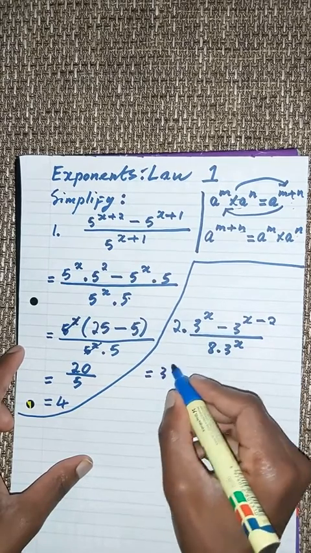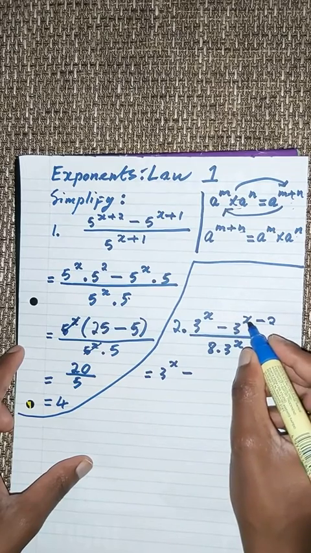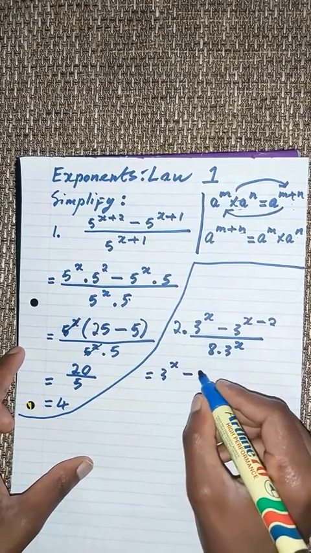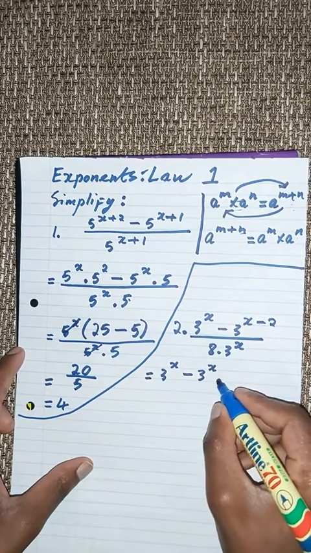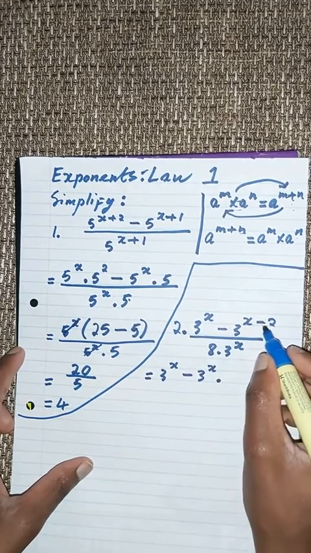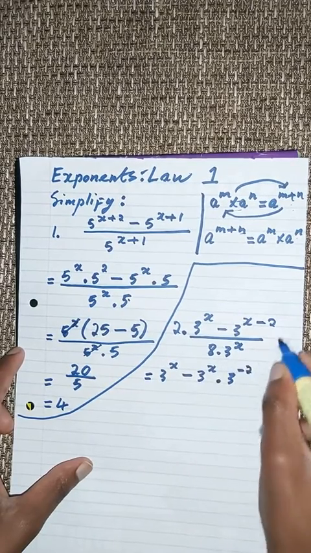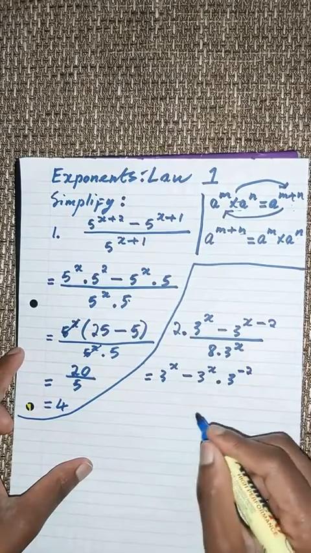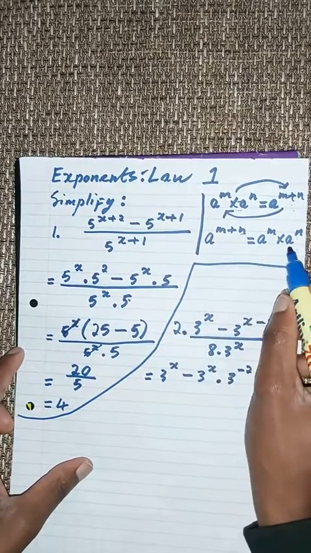I write it as 3 to the power of x minus, I separate this exponent with its base of 3. So it's going to be 3 to the power of x multiplied by this base, which is 3 to the power of negative 2, right? I've reversed it now from here to here.